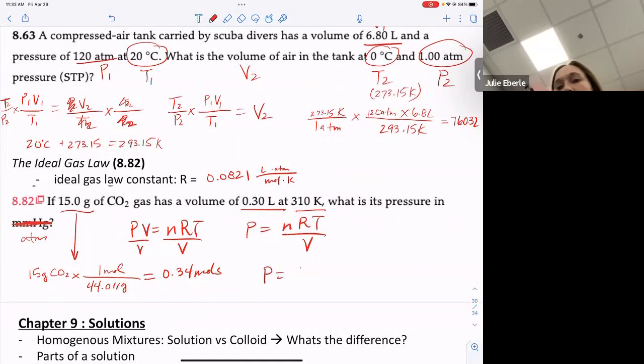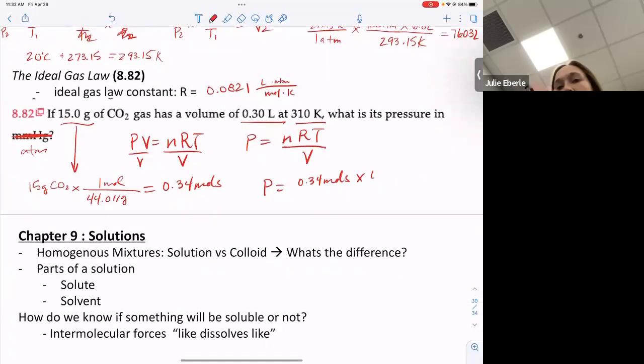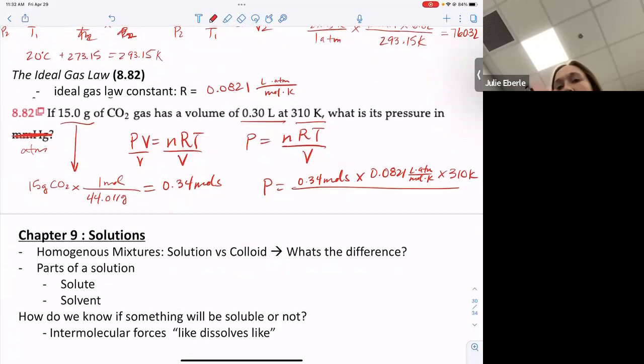Pressure is equal to 0.34 moles times R, 0.0821 liter times ATM per mole Kelvin, times temperature, 310 Kelvin, divided by 0.3 liters. What do you get?